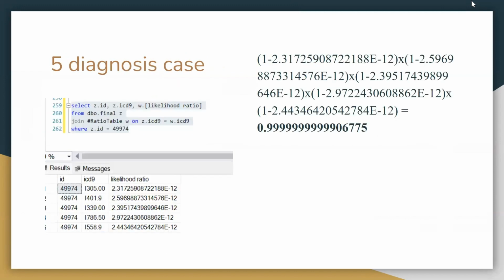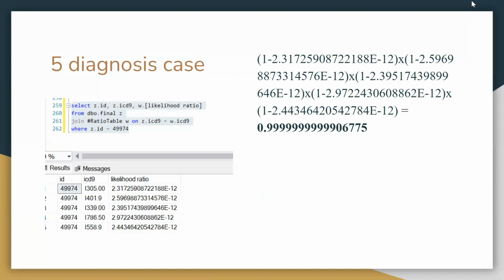Here we take a look at a specific case, which is one patient with 5 separate diagnoses. We look at the likelihood ratio associated with each specific diagnosis, and we combine them together to take a look at the likelihood of them developing diabetes.